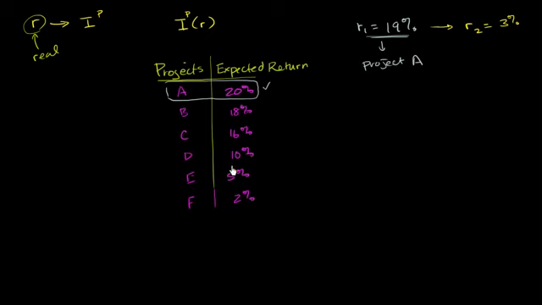You do all of these up to, you would even do project E. If you have the money, you would rather put that money and get 5% than lend it out and only get 3%. So you'll even do project E. If you need to borrow it, it still makes sense. Borrow money at 3%, invest it at 5%, you're making some real return. The only one that you would not do is project F, because here you aren't actually covering your cost of borrowing. If you had to borrow at 3% and invest at 2%, doesn't make sense.